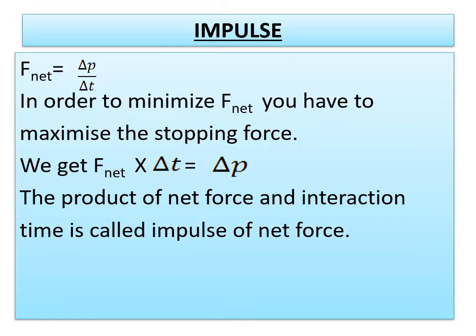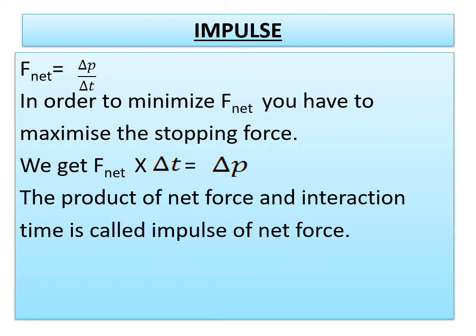In Newton's second law of motion, we have discussed the equation F equals ma, and in another way, F net equals delta P by delta T. This is related to Newton's second law. In order to minimize F net, you have to maximize the stopping time. Whatever discussions we have done up to now are related to this only.